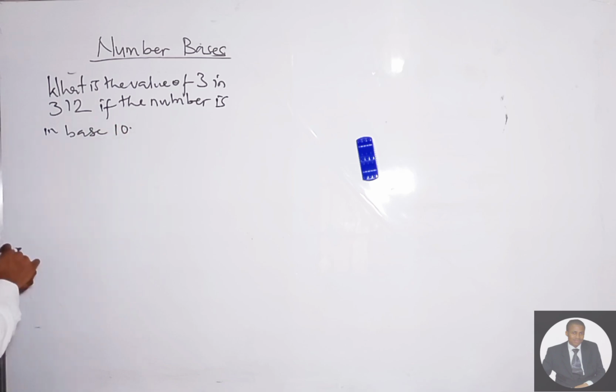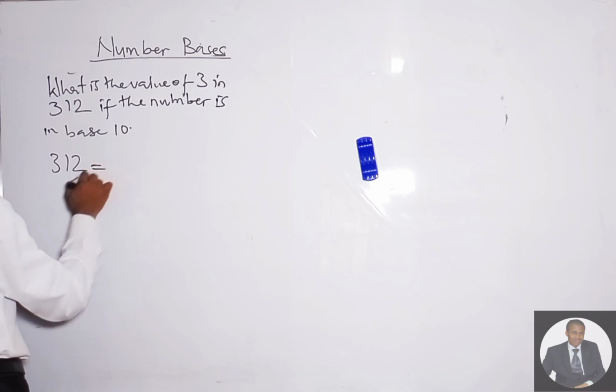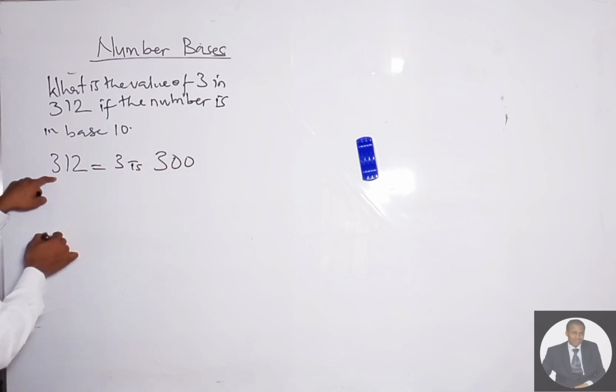If it's in base 10, what do we do? That will be 312. If it's in base 10, that means 3 is 300. This is 312.